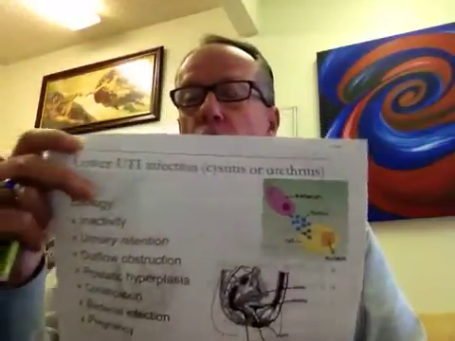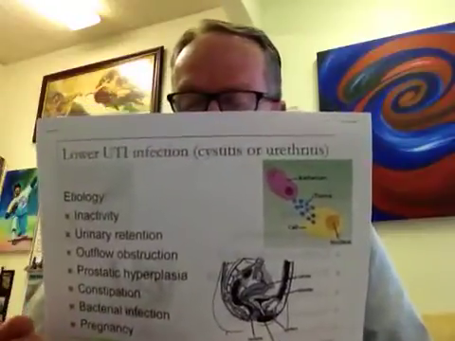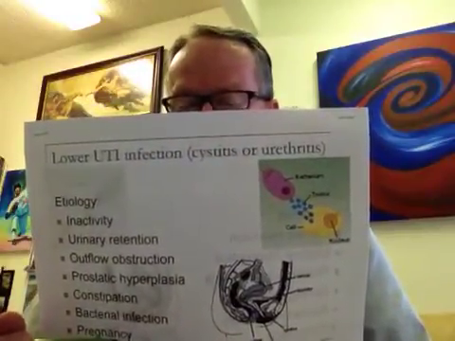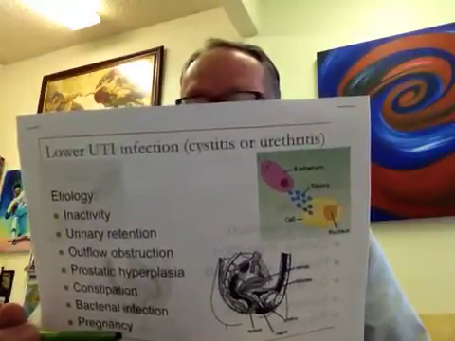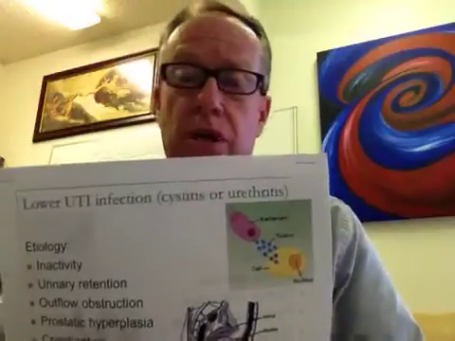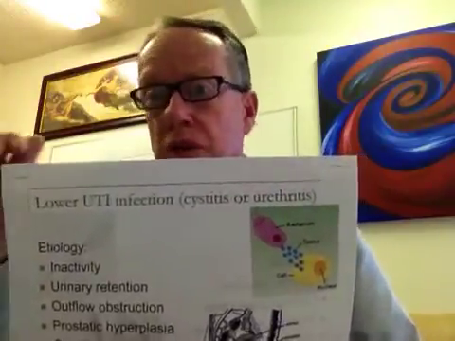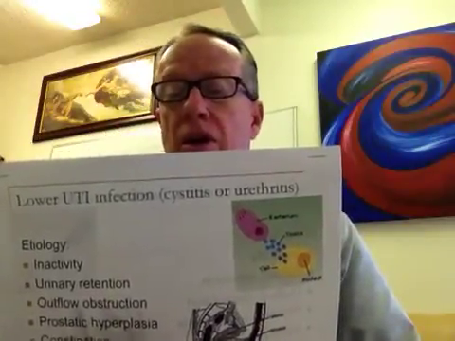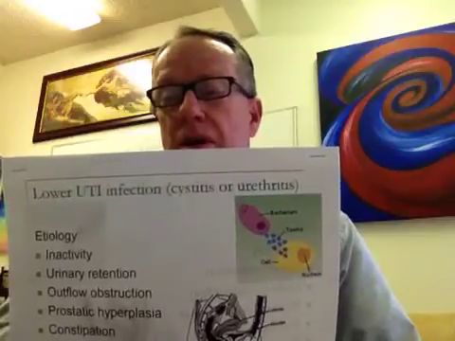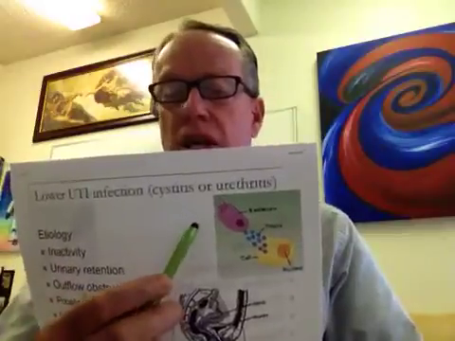Infection of the lower urinary tract occurs. Actually, the contents of the bladder are sterile. The urethra is sterile unless bacteria move into that urethra and cause urethritis or cystitis.